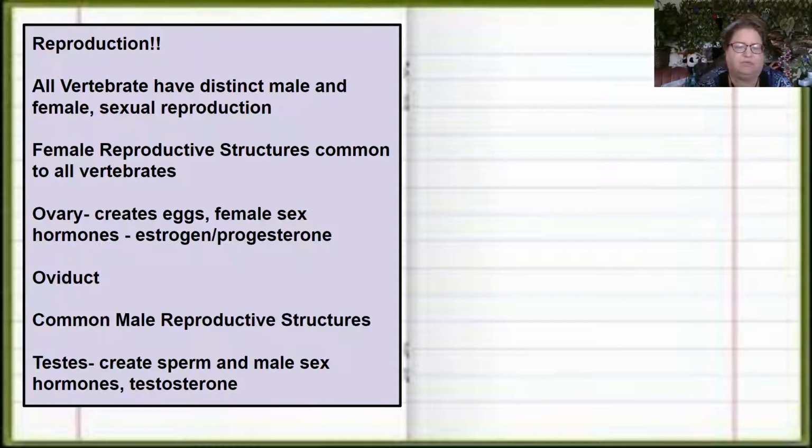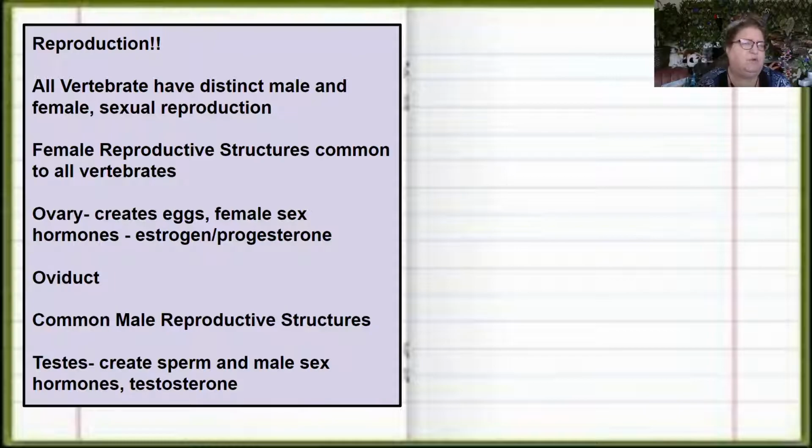So all vertebrates have distinct male and female sexes. So we don't see any hermaphrodites. We don't see any asexual reproduction. We have all sexual reproduction, and with very few exceptions, we see male and female organisms all throughout their life.